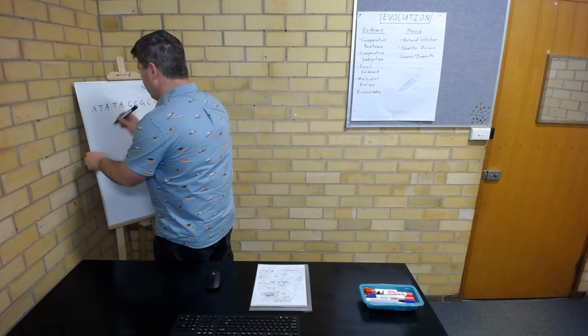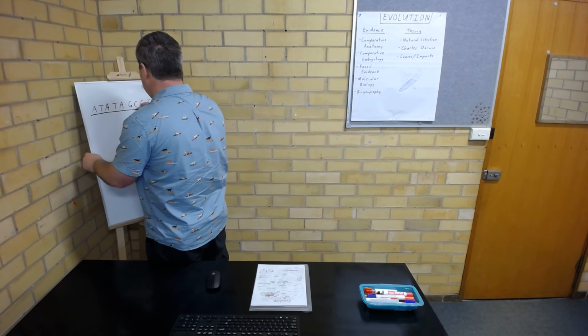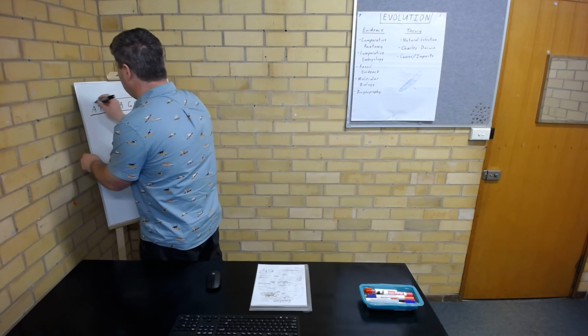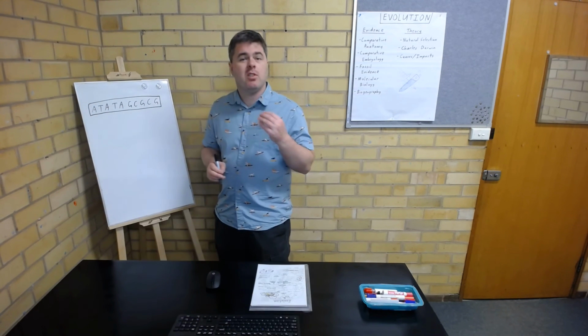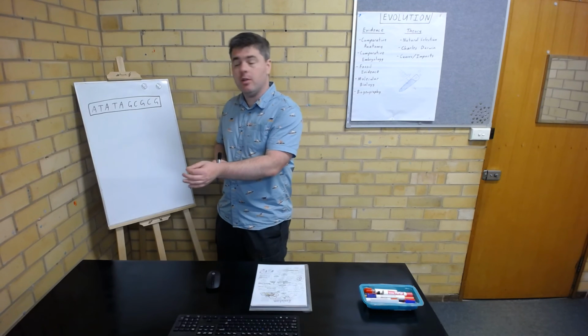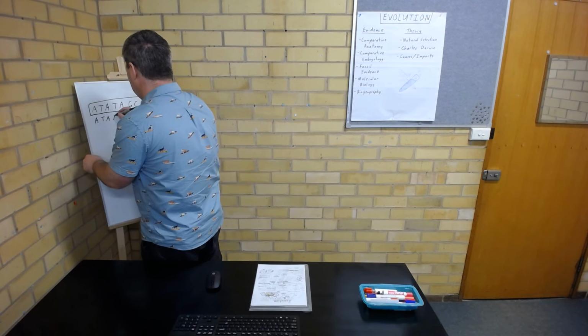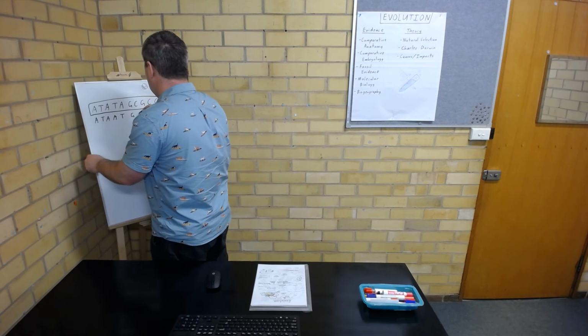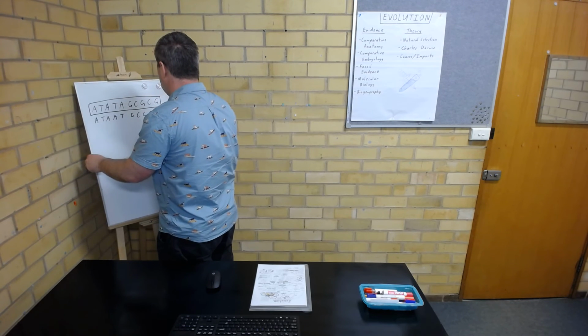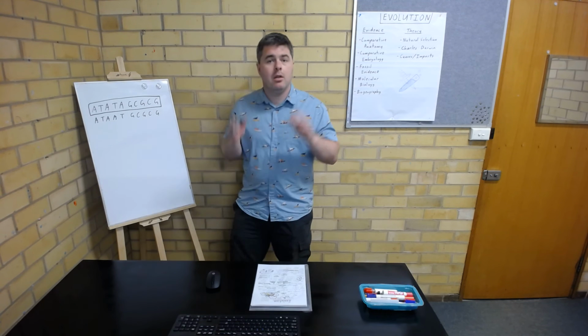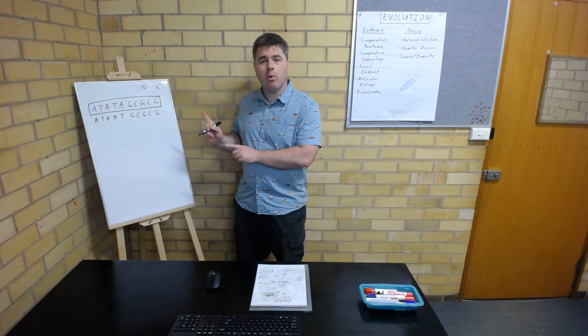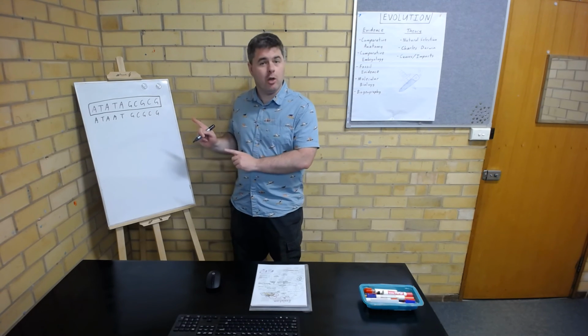Now I'm going to make a sample underneath it that I'm going to compare it to. So this one in the box is an organism that I'm studying. I want to compare it to other organisms. So A, T, A, T. Now, take a minute and see if you can point out which parts here are incorrect.